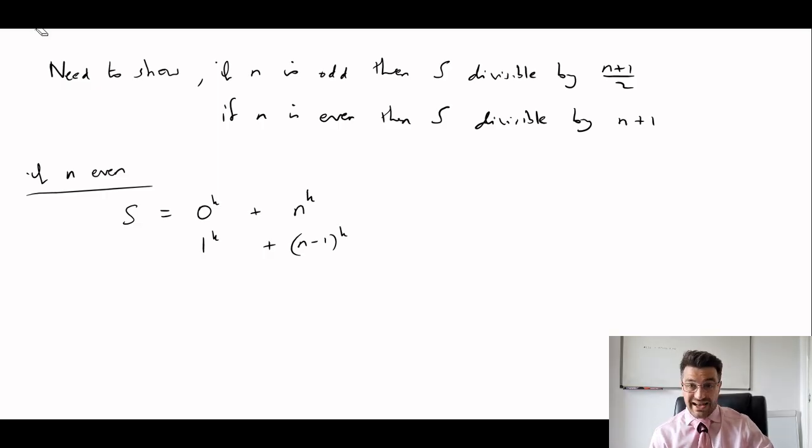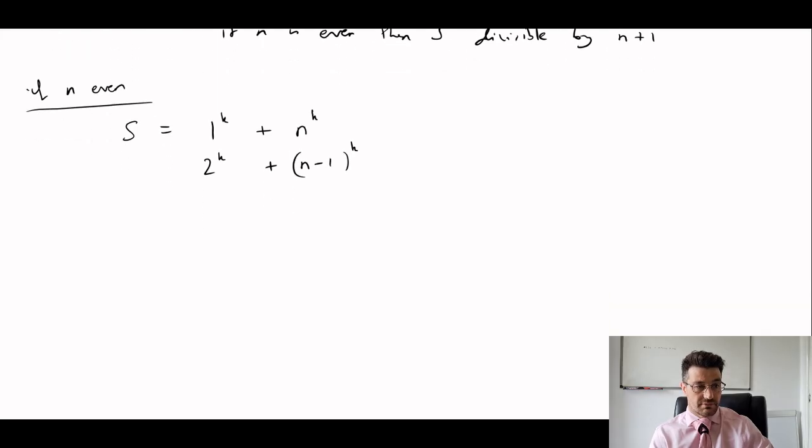Well, it's based on that exact idea, except instead of introducing the 0 to the power of k, I matched up 1 to the power of k and n to the power of k, 2 to the power of k plus n minus 1 to the power of k, and on and on and on.